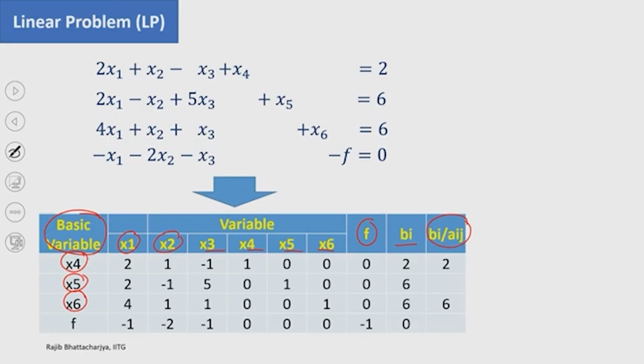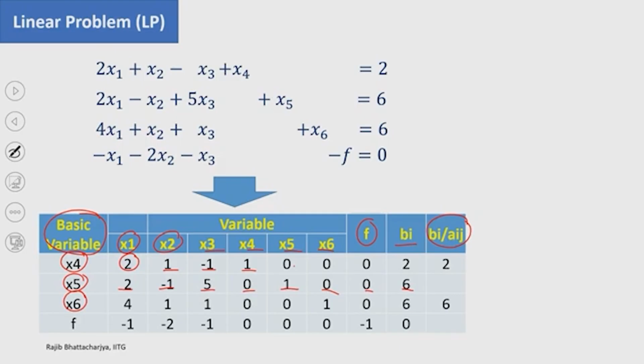So, what are we doing here? We are writing the coefficient of x 1 in the first equation, that is 2. Here it is 1, this is minus 1 and this is 1, this is 0 0 0. Similarly, equation 2: this is 2, then minus 1, then 5, then 0, then 1 0 0, and the right hand side is 6.